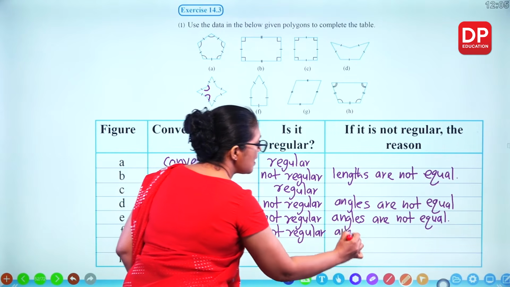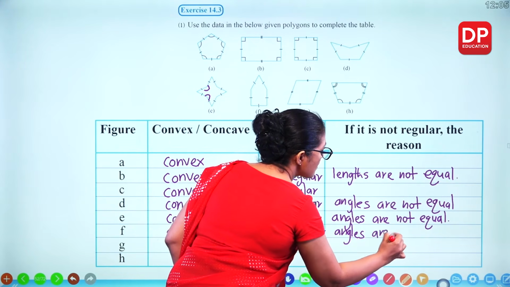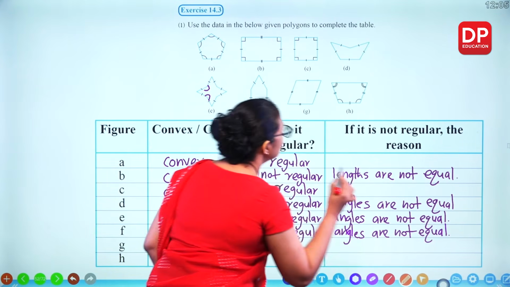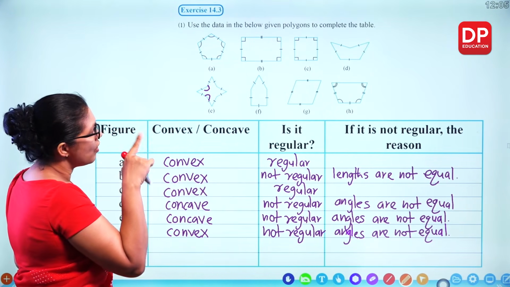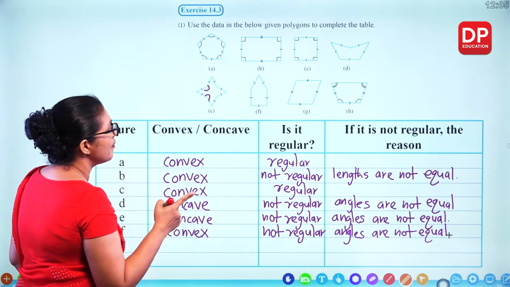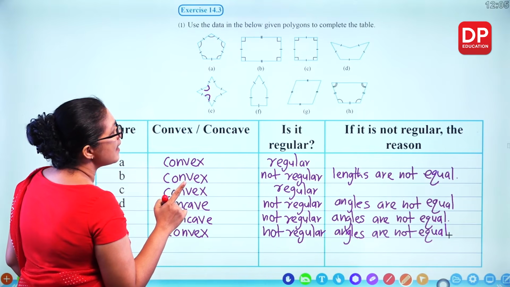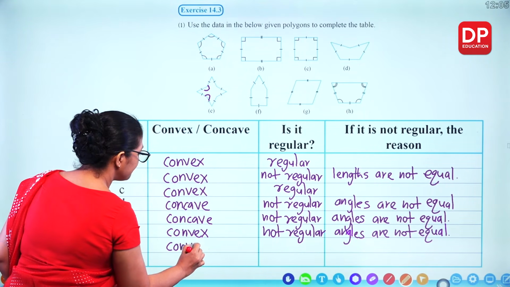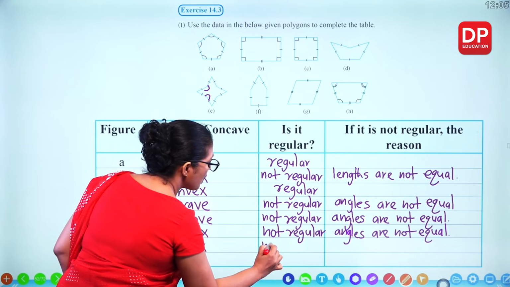Angles are not the same. Angles are not equal. This one, all sides are equal but angles are not equal. All angles less than 180. So convex, not regular.